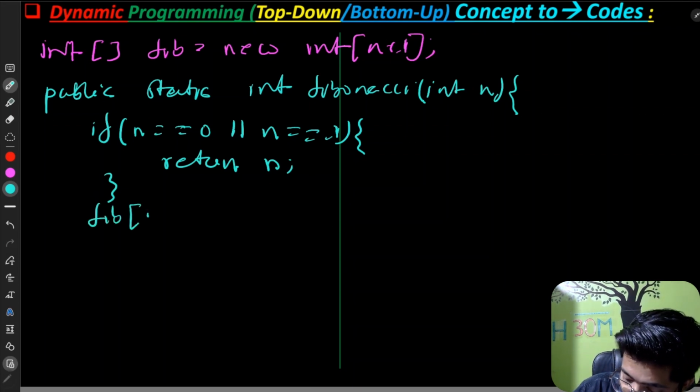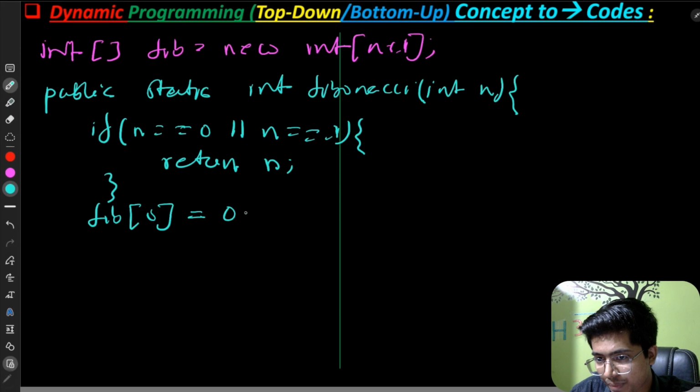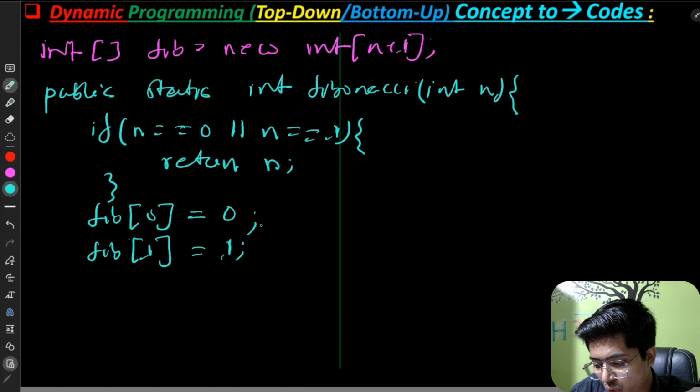Fibonacci of 0 we assign as 0, and Fibonacci of 1 as 1. So for 0 and 1 we have got the value. Now we start building. We will know the value of 0 and 1. We'll be starting building for 2, 3, 4, 5.